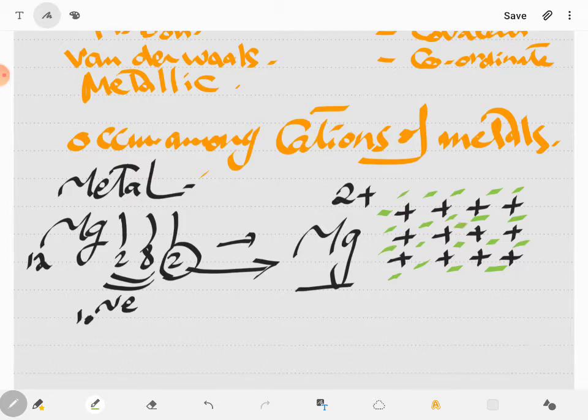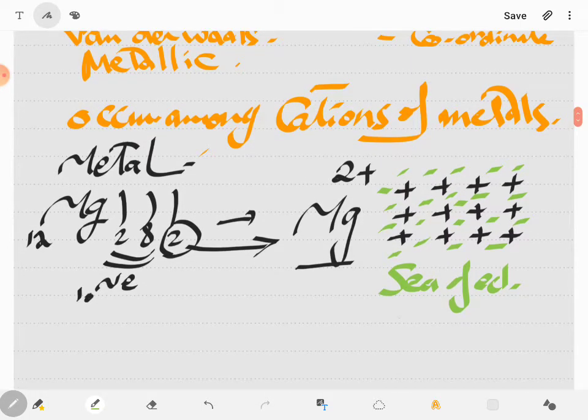It forms a sea of electrons, or we can say a cloud, floating over the cations. And there is electrostatic attraction between the cations and the negatively charged electrons.